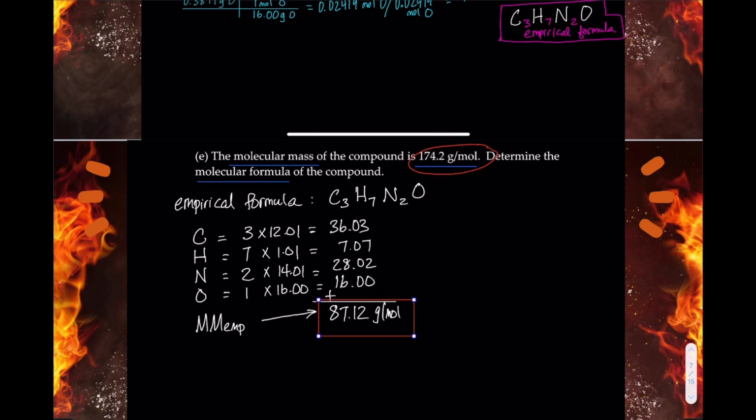We need to determine the value of N to figure out what to multiply the empirical formula by to get the molecular formula. 174.2 grams per mole divided by 87.12 grams per mole comes out to 1.9995, which is basically 2. And this number represents N. N is the number that we use to multiply the empirical formula by to obtain our molecular formula. So let's do that now.